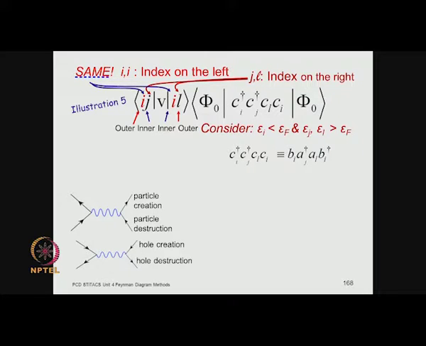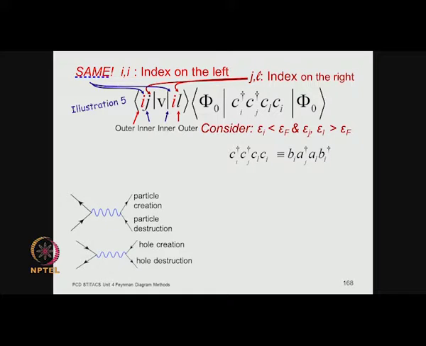So, now we can write these, because hole creation is represented by an arrow pointing downward. You have a hole destruction, so this is represented by an arrow pointing downward, but out of the vertex. This one goes into the vertex, and likewise you have got Aj dagger and Al. Aj dagger is particle creation, so an arrow pointing upward, but it will go out of the vertex, whereas Al will be a particle destruction, so it will be an arrow pointing upward again, but going into the vertex.